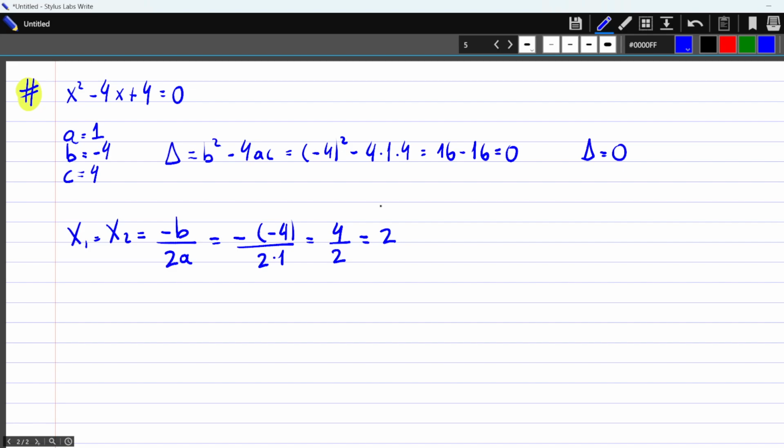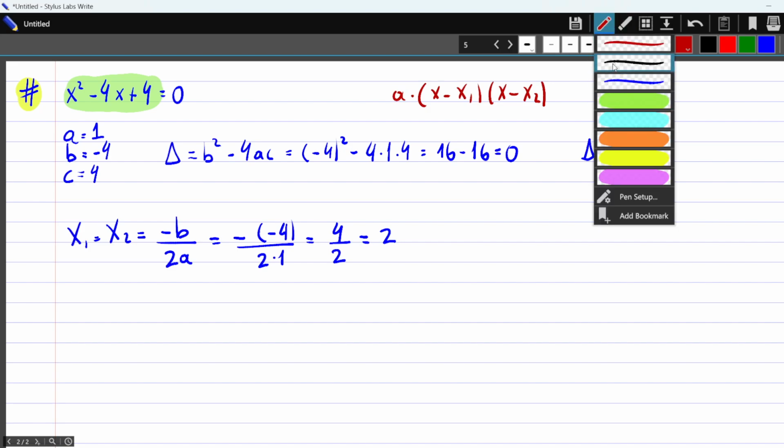And if somebody asks us to factorize this one here, can you tell by the formula a times x minus x1 times x minus x2 what the factorization will be?